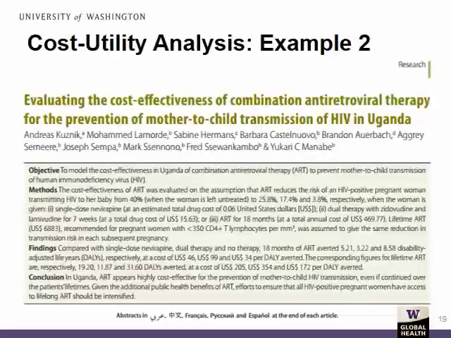So here's the second example of a cost utility analysis, another study performed in Uganda, and this study was performed at the IDI, and although I wasn't part of the research team, some of my colleagues at the IDI were the ones who did this study, evaluating the cost effectiveness of combination antiretroviral therapy for preventing mother-to-child transmission of HIV.